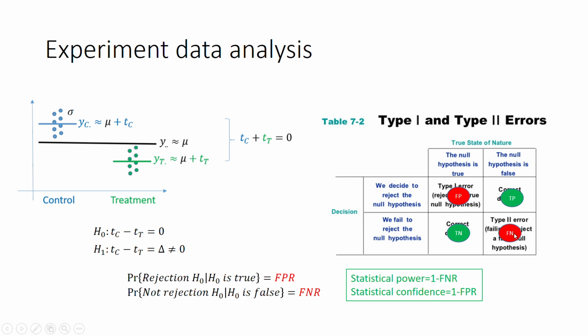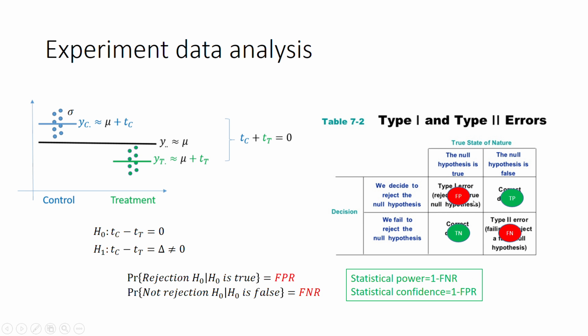So which are the probabilities with which you incur in a false positive and in a false negative. And 1 minus the false negative rate is called statistical power. The false negative rate is called beta also, and the statistical confidence is 1 minus false positive rate.